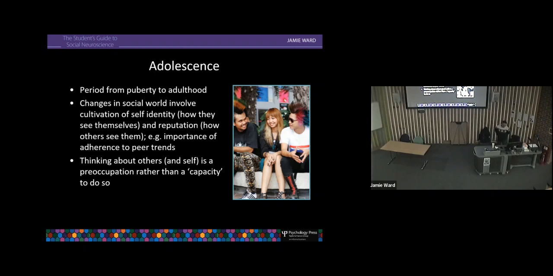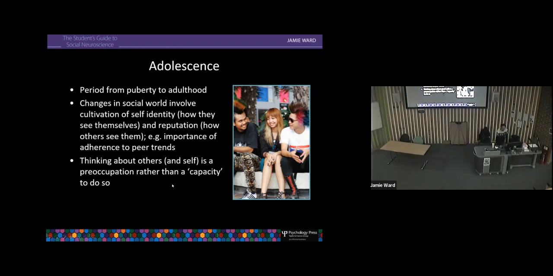Here, what's going on in adolescence socially is probably less influence of the family and more influence of peers. An interest and a concern for your identity, so how you see yourself and your reputation, how others see you and how you want others to see you, these become very important considerations to adolescents in a way that isn't like that before.